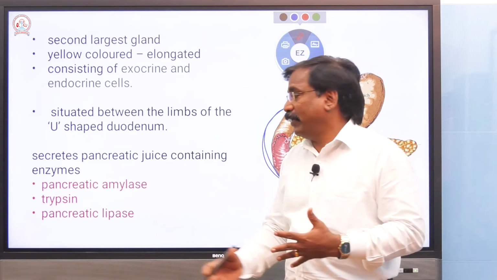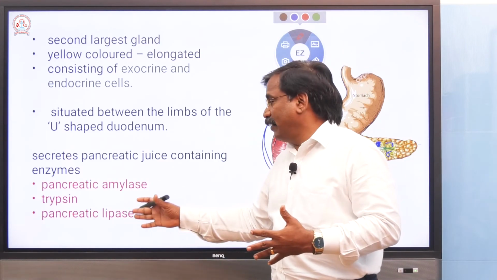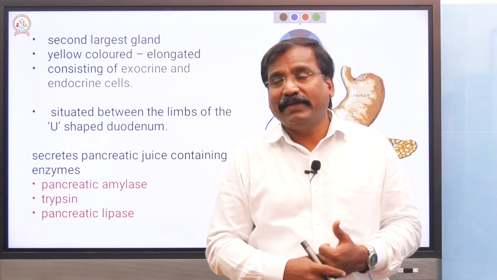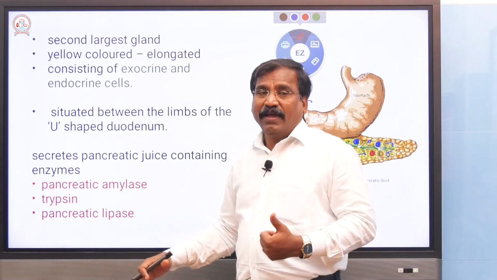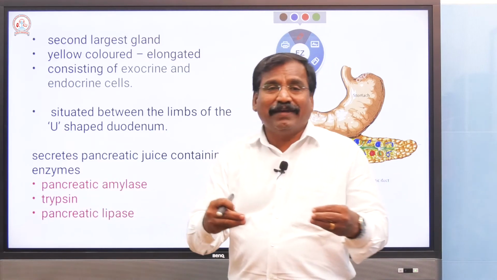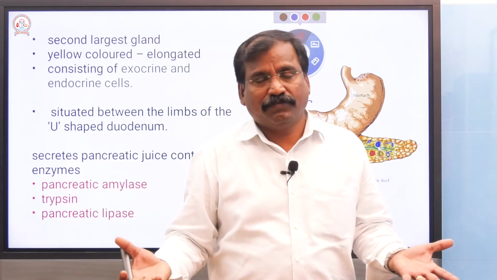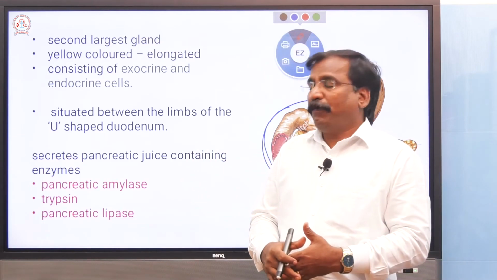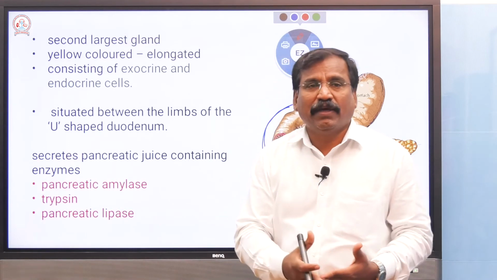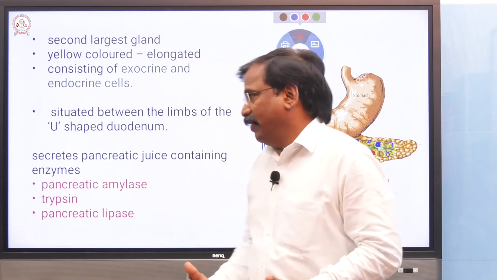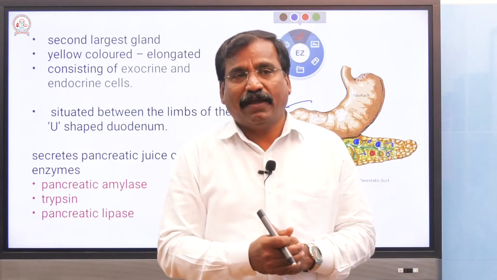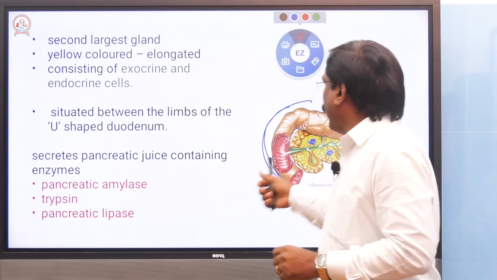Because saliva in the buccal cavity also contains amylase, that is salivary amylase. Here the pancreas also produces it, that's why you add the prefix. Amylase acts upon starch, lipase acts upon lipid, and trypsin, chymotrypsin are other enzymes.